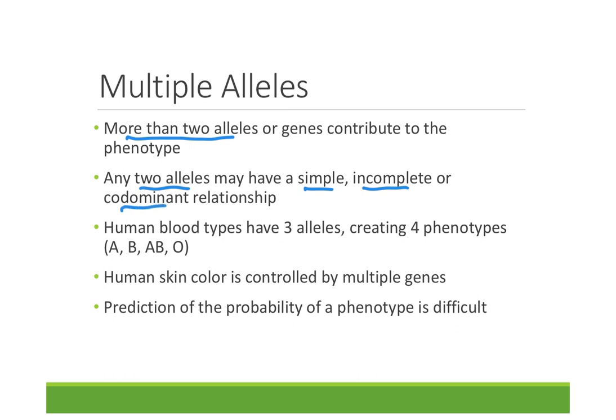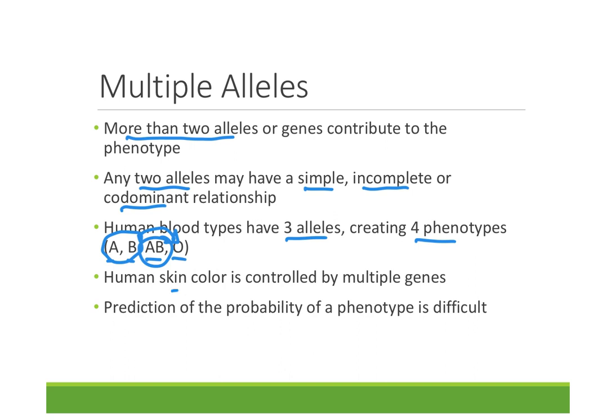Human blood types are a perfect example of that. We have 3 alleles for our most common blood types, and there are 4 possible phenotypes. You can have type A blood, type B blood, type AB blood, and type O blood. In this situation, A and B are dominant over O, but A and B are codominant together.